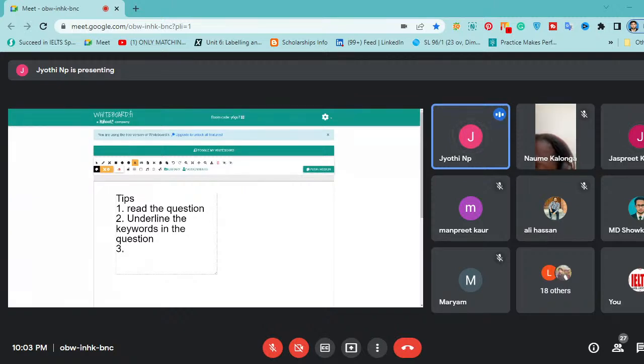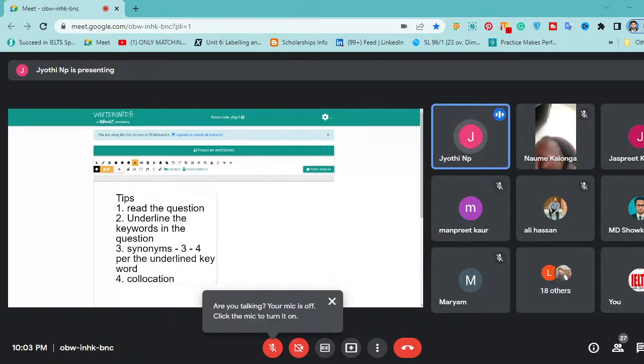So then you need to find out the synonyms, at least a minimum of 3 to 4 per underlined keyword. Next, after finding the synonyms, also take the collocations.